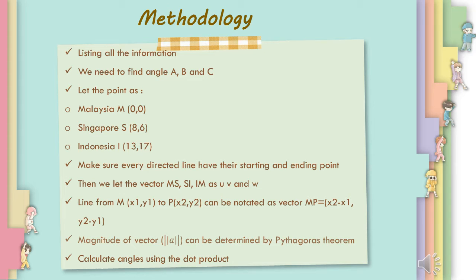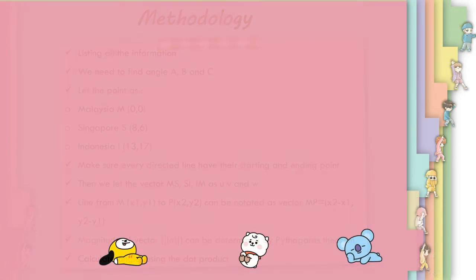A line from point (x1, y1) to point (x2, y2) can be notated as vector MP = (x2 minus x1, y2 minus y1). The magnitude of a vector can be determined by the Pythagoras theorem. Calculate the angle using the dot product.